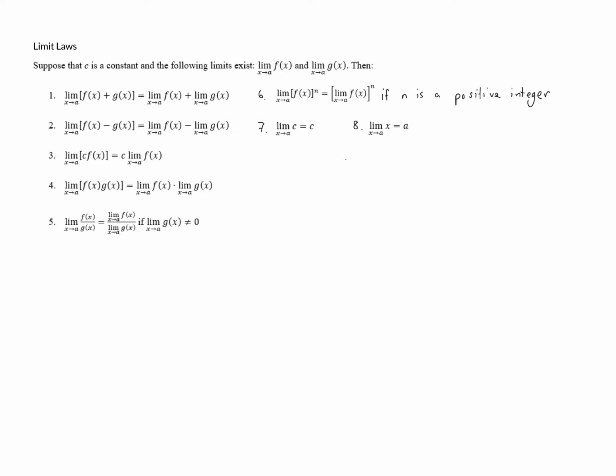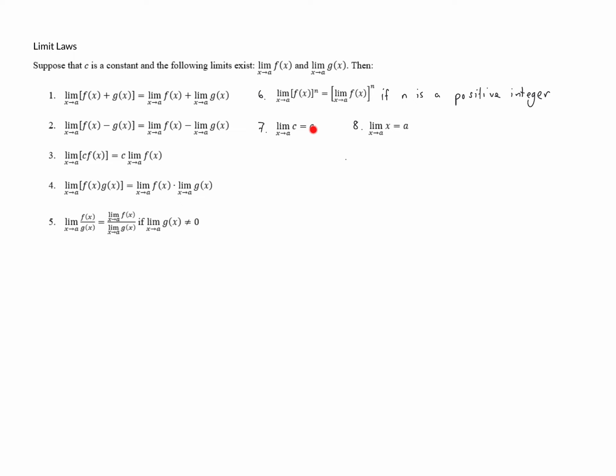Number 7 says the limit of a constant function as x approaches a is just that constant, which should theoretically make sense. This function is independent of the value of x. The function is always equal to c, and so no matter what's happening to x, it's always going to be c. We can't say closer and closer to c, it is equal to c.